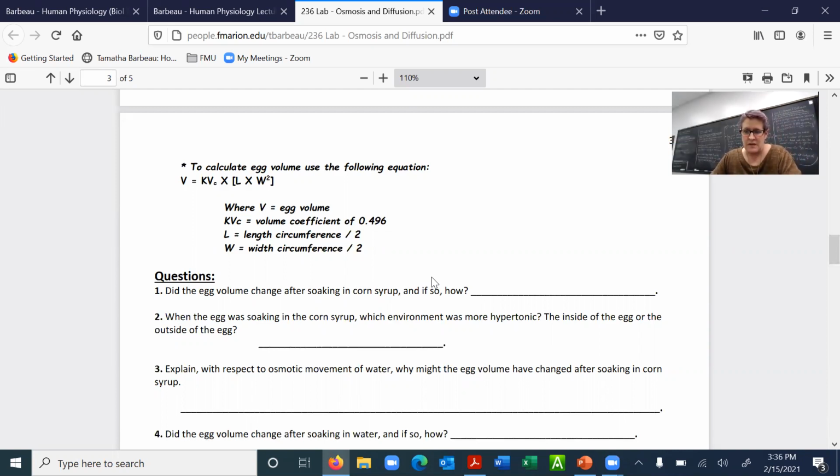Now I'm going to plug that into my equation. So if I take 7.5, that's the width divided, and square it, I now get 56.25.